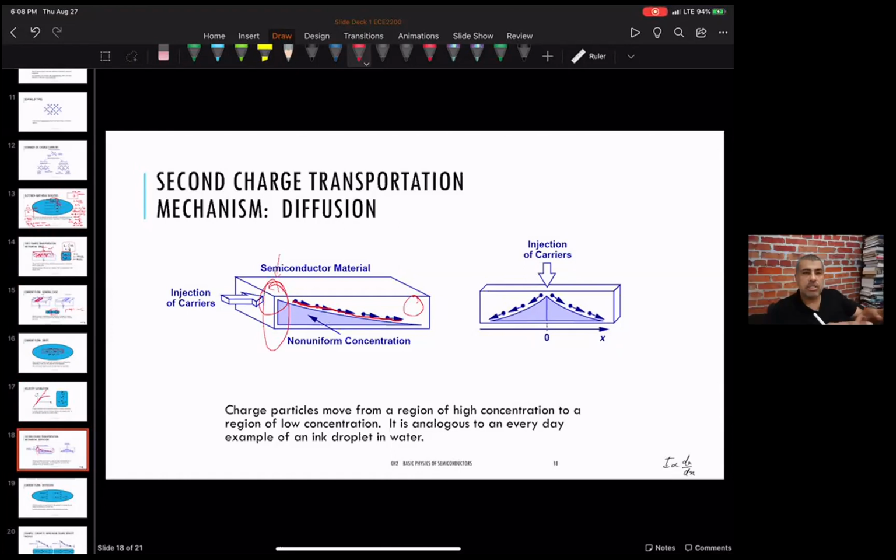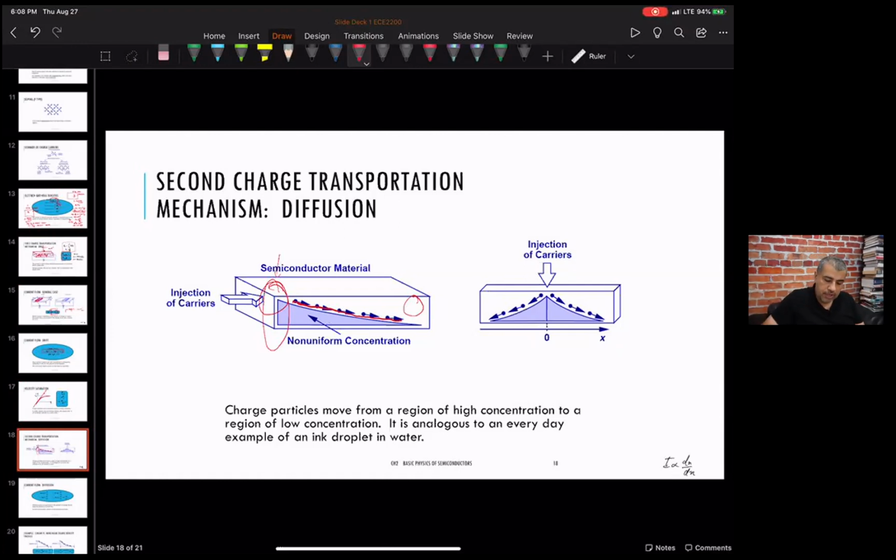The diffusion mechanism doesn't need any push from any external fields. Because you have a higher concentration and a lower concentration, things diffuse out. And because there's no external push, it's sort of unitary. It just goes from high concentration to low concentration.